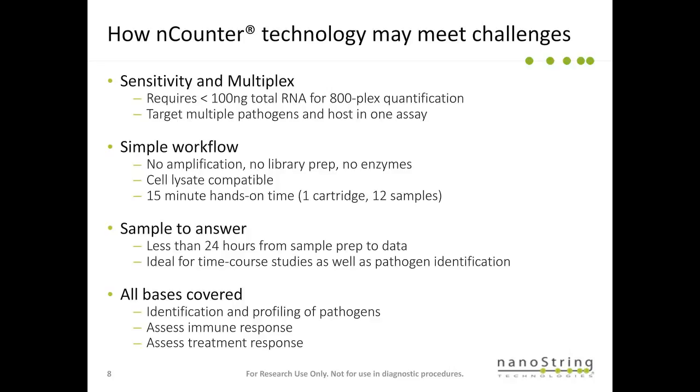And within a single assay, in the same tube, you can study multiple pathogens as well as the host response. The workflow is really simple. There's no enzyme, no library preparation, and no amplification needed. And you can even use cell lysate directly if you have multiple samples to handle and you don't want to do the RNA isolation for each one of them.